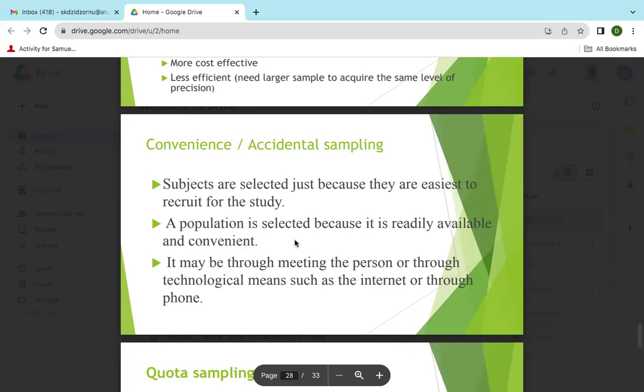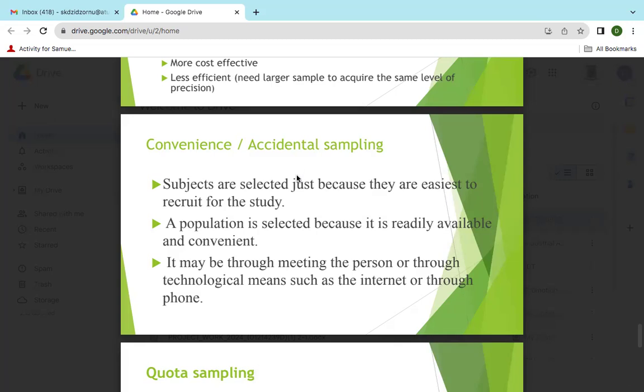That's all. We don't really pay much attention to the science involved. So the first type of non-probabilistic sampling is what we call convenience sampling, or what we also call accidental sampling.